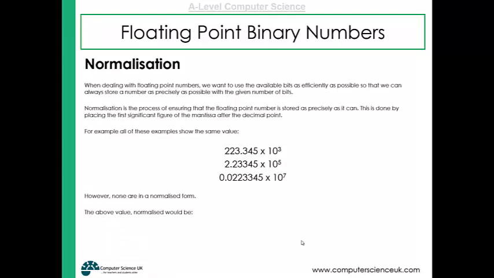But none of them are in a normalized form. If it's in a normalized form, the most significant bit has to be after the decimal point. So to write these values in a normalized form, it would be 0.223345 times 10 to the 6. And it's exactly the same idea when we're dealing with floating point binary numbers.